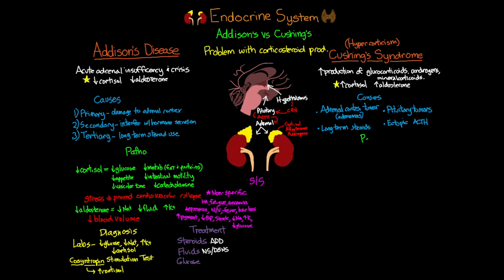So let's go ahead and move on and talk about the patho involved here, because it is going to be a bit different than what we see in Addison's disease. So once again, our normal process: the hypothalamus releases CRH, tells the pituitary gland to release ACTH, which goes to the adrenal cortex, and thus produces its corticosteroids.